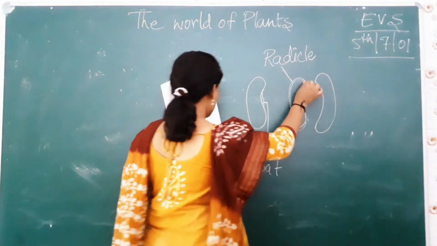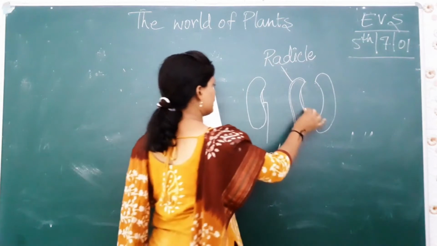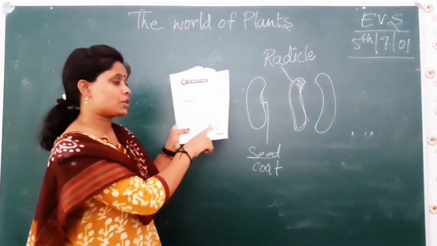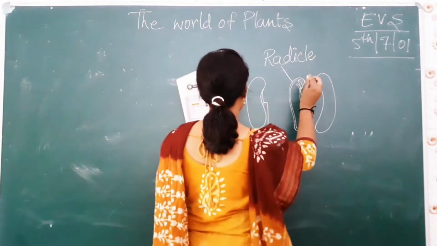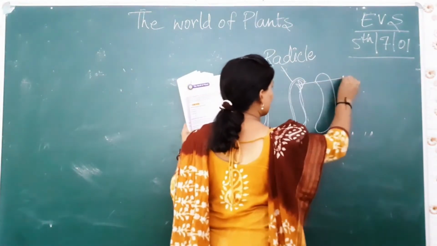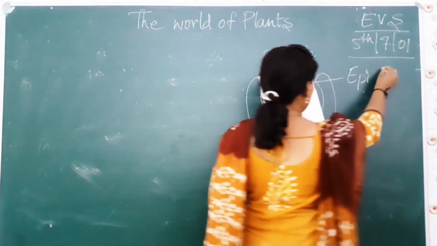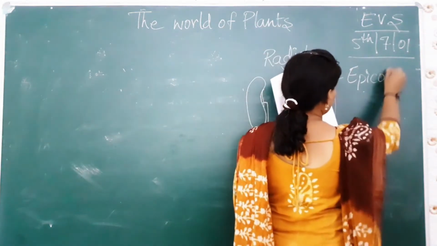Then there is still one thing more inside it. A leaf-like structure is there. It is called the epicotyl. What do we say it? Epicotyl.